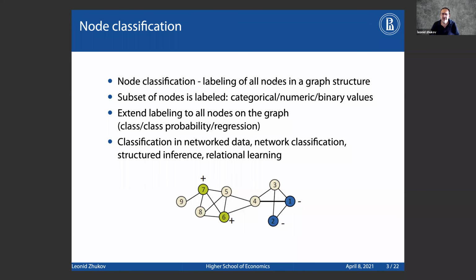There are a lot of names associated with this type of problem. There is network data, network classification, there is structured inference, relational learning. This is all more or less describes the same approach of trying to make inference based on data that has internal relations.